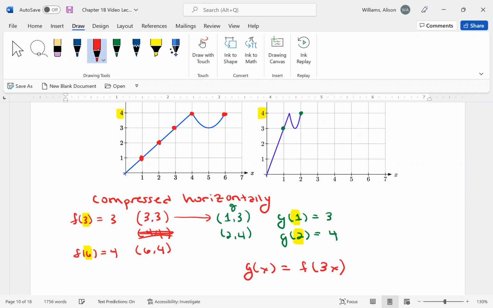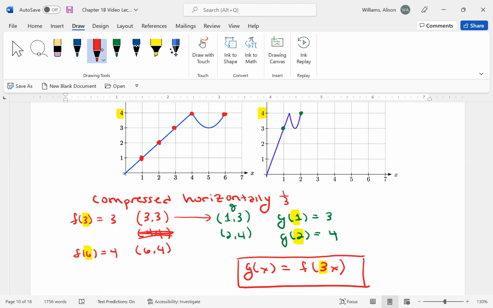So whenever I'm plugging in a value for G, it's getting multiplied by 3, and then it's going to have the same output as F. So it's kind of doing the opposite. Instead of doing a 1/3, it's because it's next to the input, I'm doing a multiplication by 3. So that would relate the two. But what it is, it's actually compressed horizontally by a third.